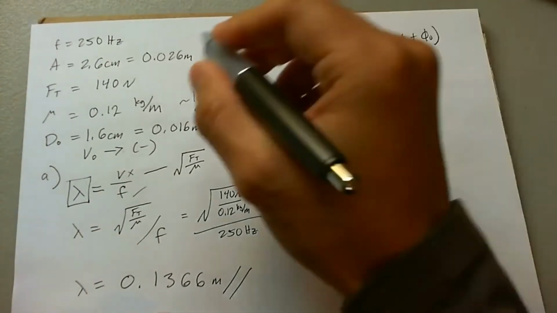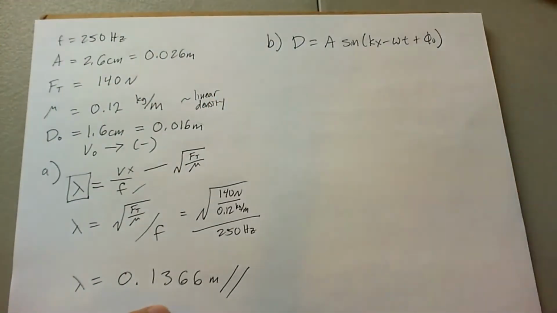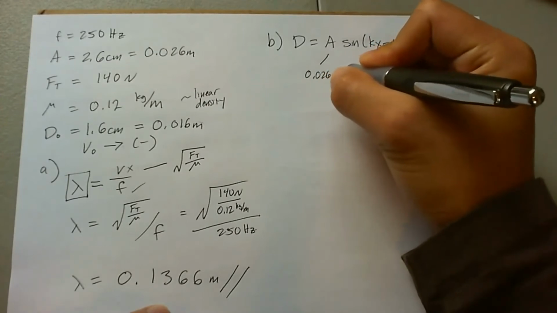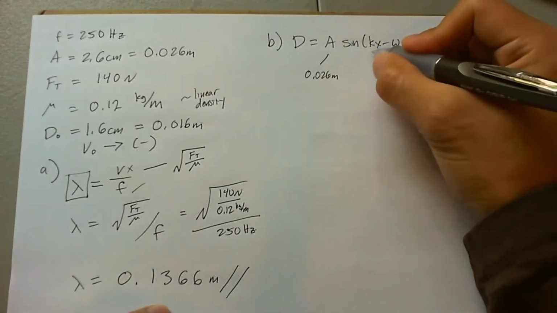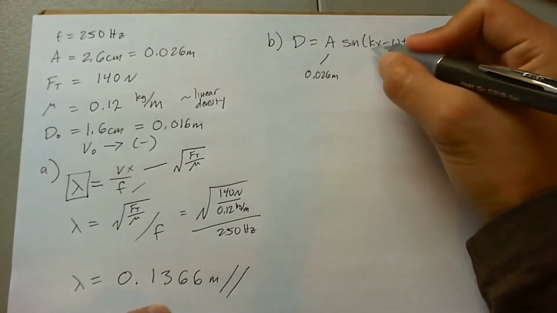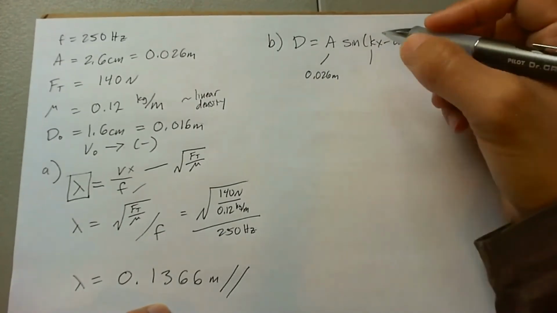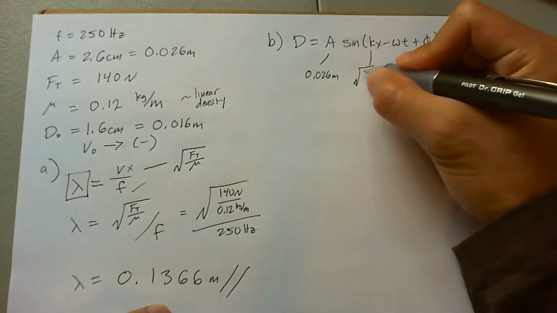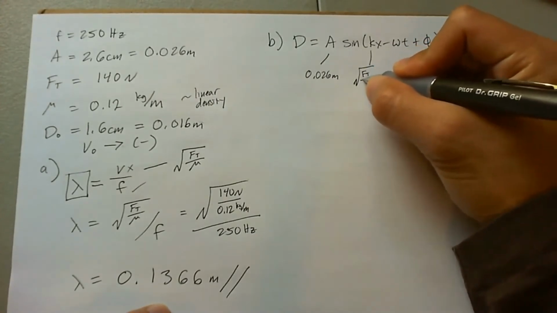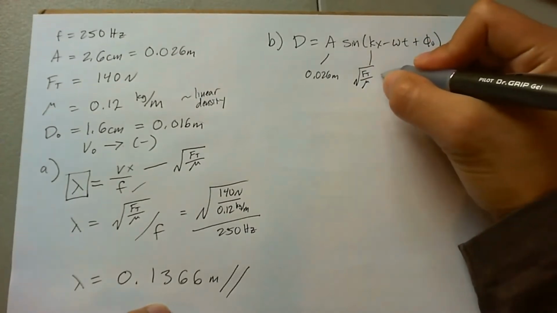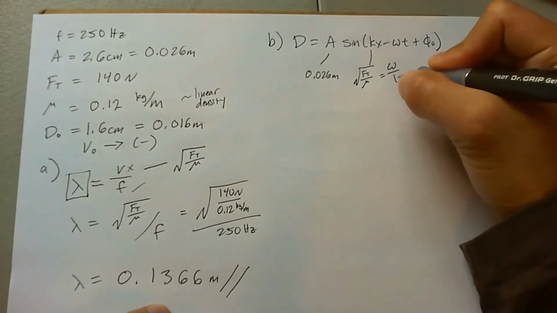So we look at our known list and plug in what we know. A is 0.026 meters. k is interesting. What we do know is that the square root of the force of tension over mu, which is the velocity, is equal to omega over k.